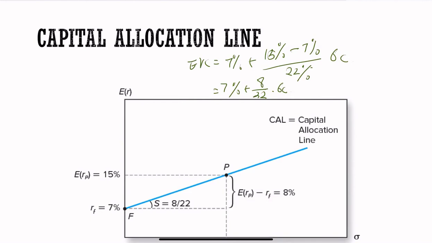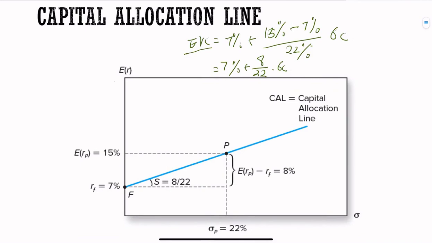So we will have something like this. That is, if you plot the expected return of the combined portfolio on the vertical axis, and the volatility of the combined portfolio on the horizontal axis, you will find out this is a straight line, right? And you can see that the vertical intercept is given by the risk-free rate 7%, and the line's slope is given by 8 divided by 22, right?